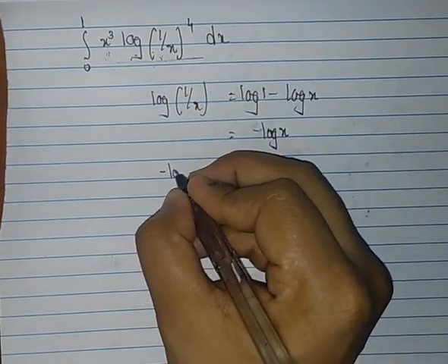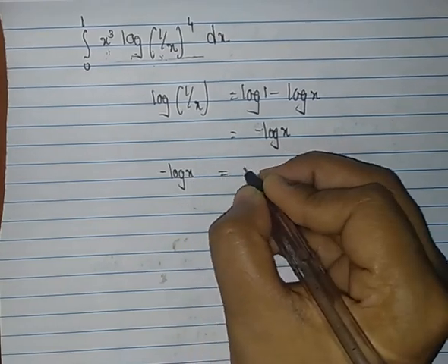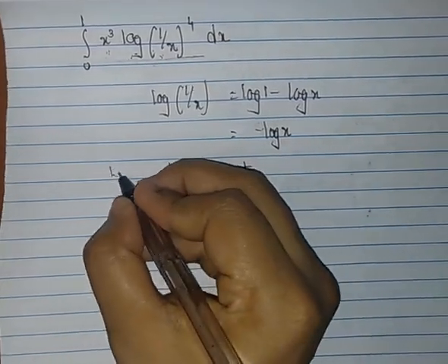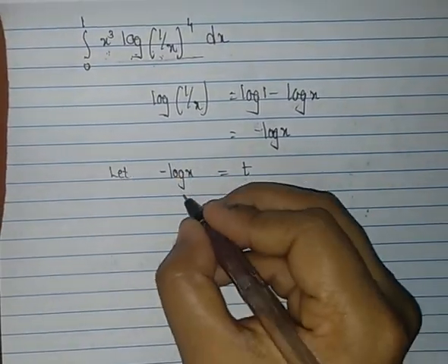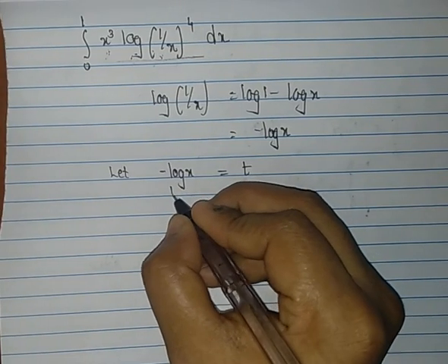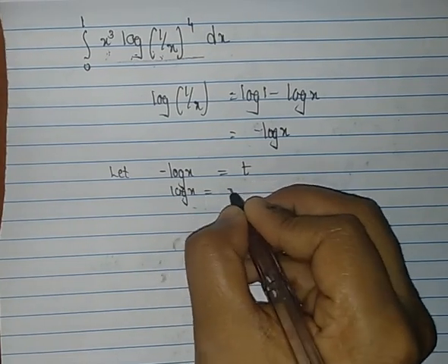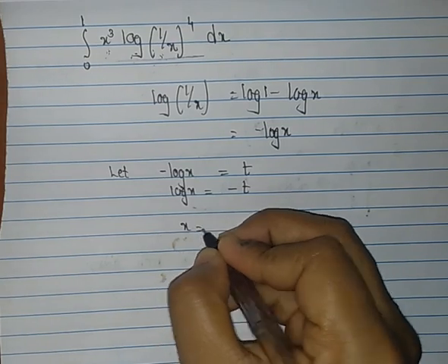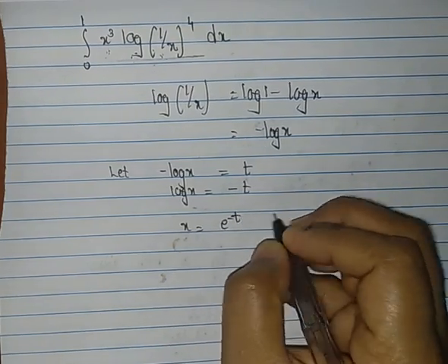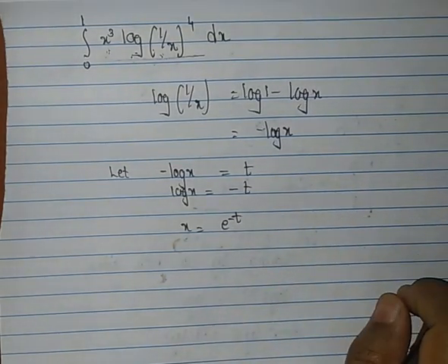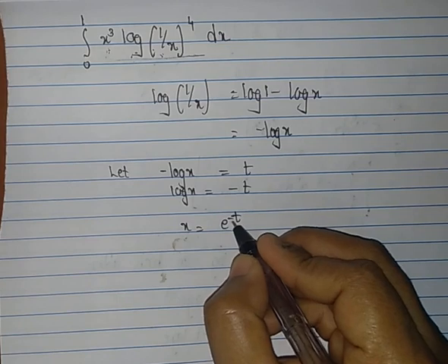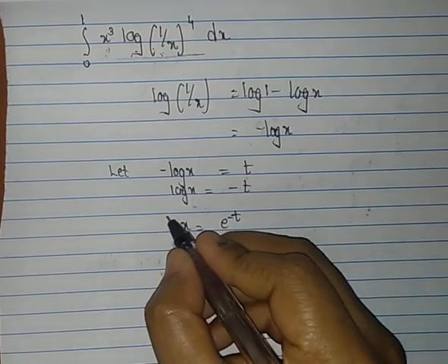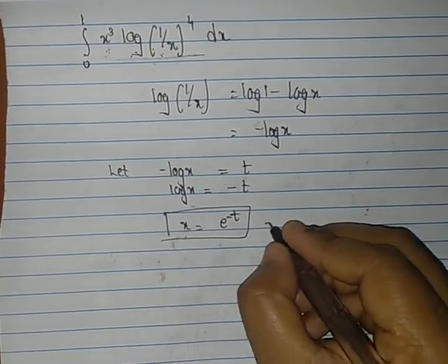Now I'll write: let minus log x equal to t, that means log x equals minus t, and x, the inverse of log, is e raised to minus t. I need my exponential term's power to have magnitude 1 and the coefficient to be minus. So I got my x.